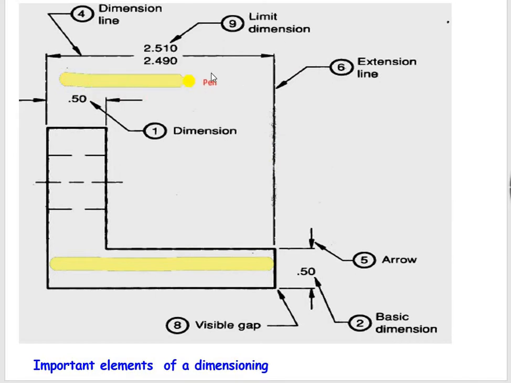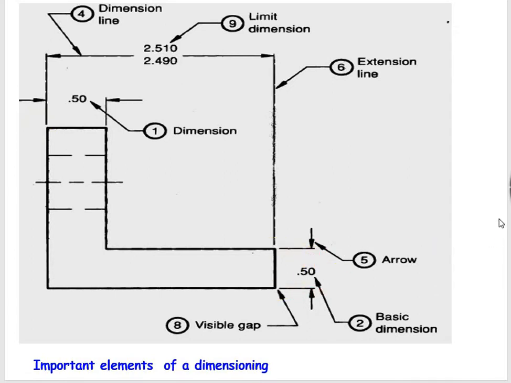If I simply write here in this manner, it may not be correct. So for that purpose, I need one guiding line. This guiding line is known as an extension line. So please always remember to use this extension line, and there should always be some visible gap here. For example, there is one gap here. So please always try to maintain this gap. All right, so this visible gap is always there.